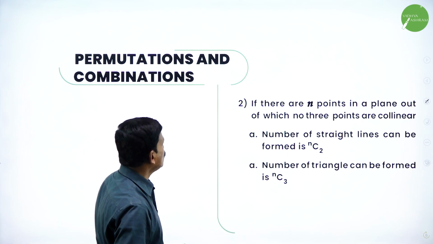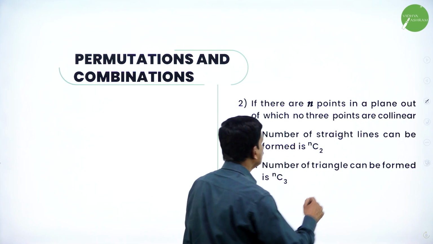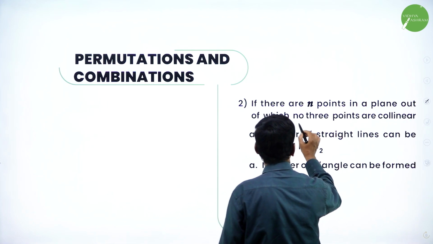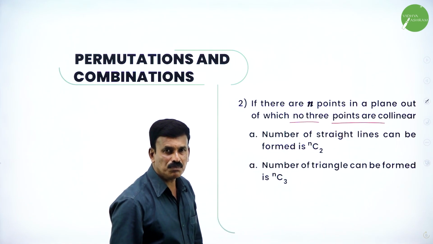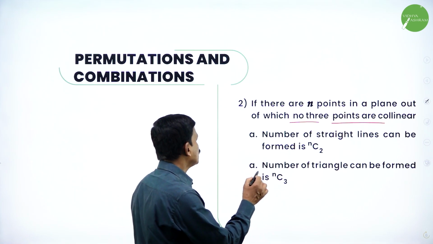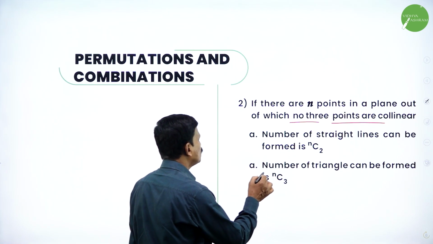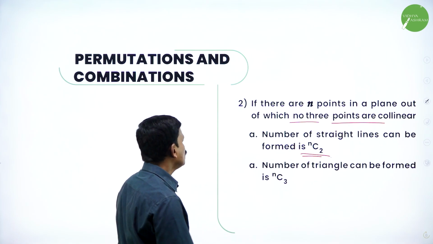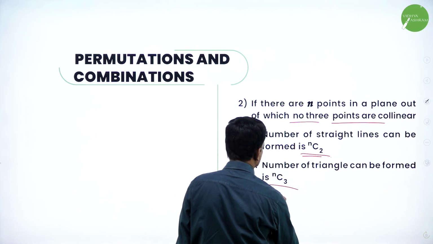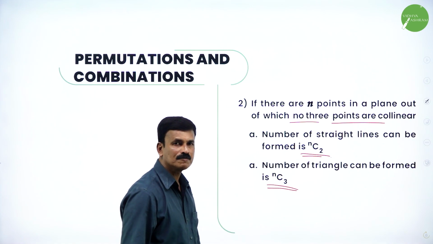Suppose there are n points in a plane, out of which no 3 points are collinear. If no 3 points are collinear, then the number of straight lines that can be formed is NC2, whereas the number of triangles formed is NC3, right?